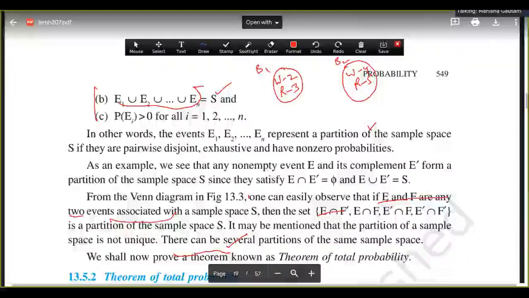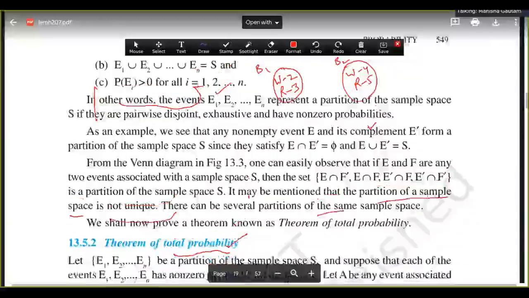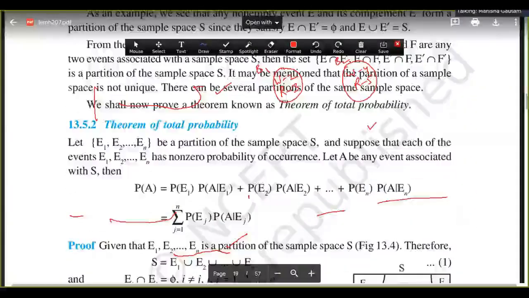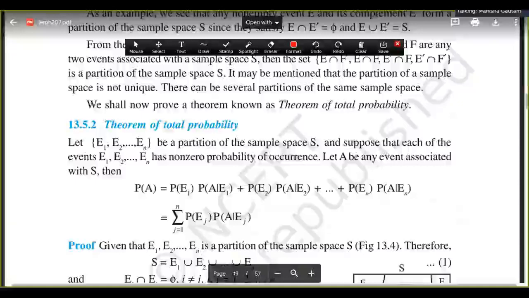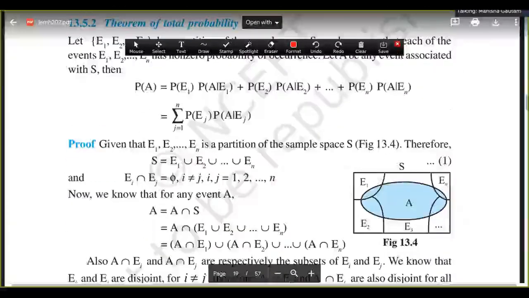Now the use of this partition is in the theorem of total probability. Let's see. Here is a diagram. The whole rectangle shows a sample space.